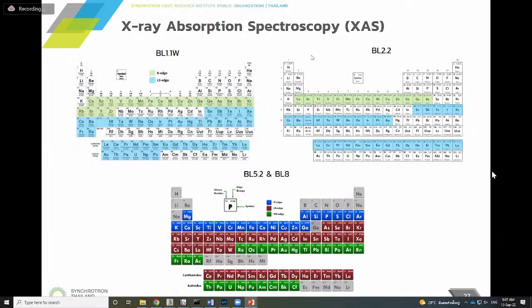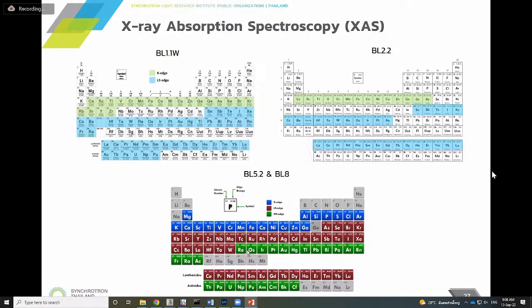In our beam lines, we have roughly 3 to 4 beam lines for absorption techniques, and these are all of the elements we can detect. In the periodic table, we can detect from calcium up to zirconium in this beam line and up to arsenic in this beam line. And for the transition metals or noble metals like this, and via the lanthanides and actinides, some of them in this beam line.